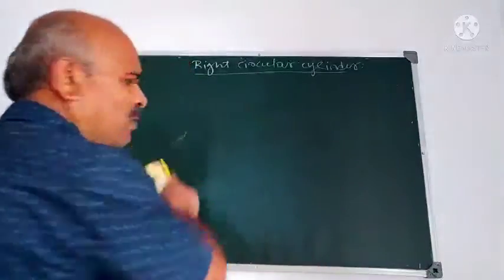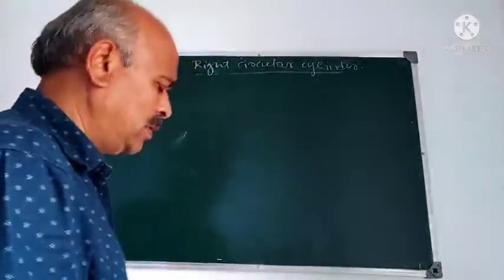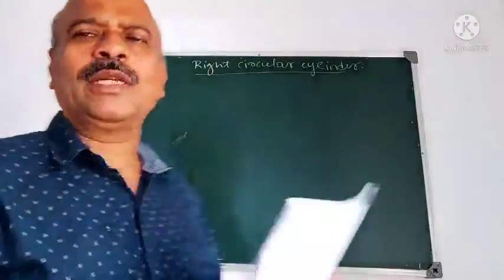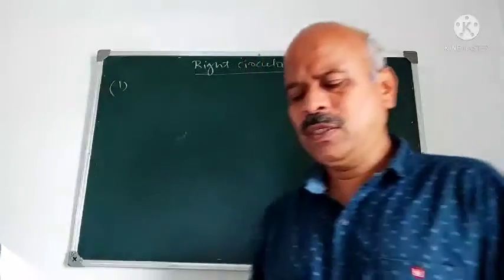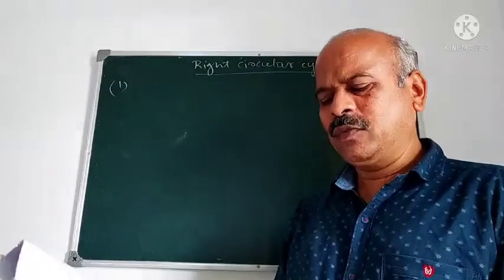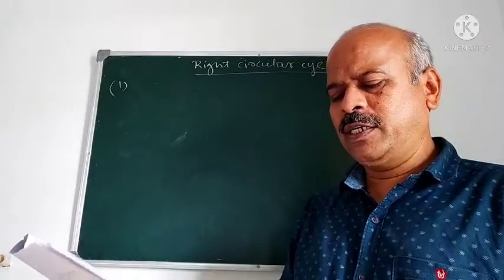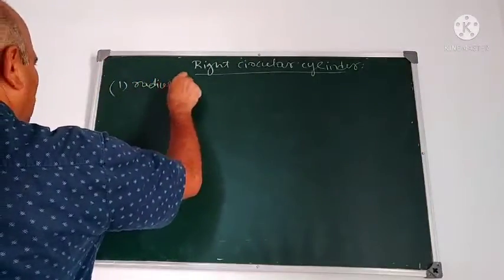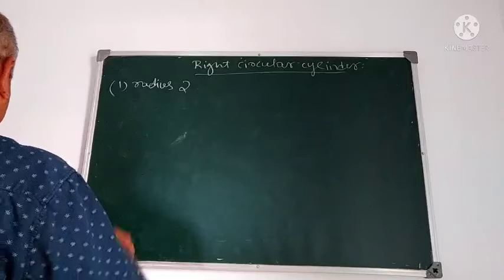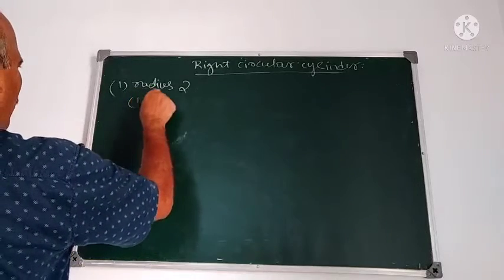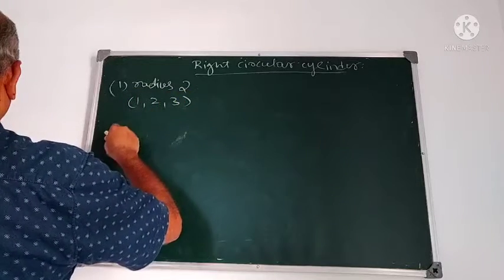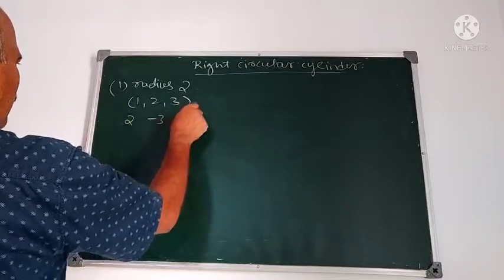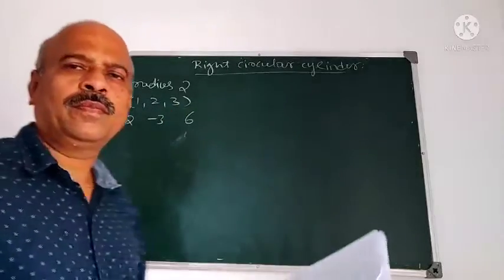Now how to find the equation of this right circular cylinder? I start directly with examples here because you will get examples on this. Find the equation of the right circular cylinder of radius 2 and whose axis passes through the point (1, 2, 3) and has direction cosines proportional to 2, -3, 6.